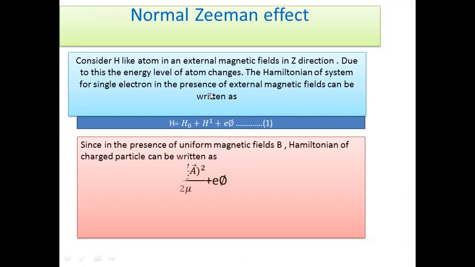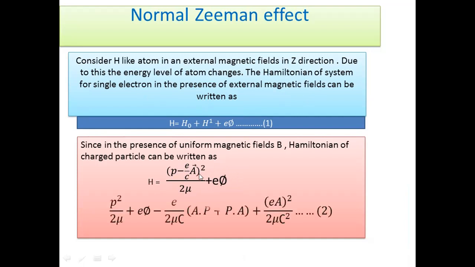Since there is an external magnetic field B, the Hamiltonian of a charged particle can be written as H equals (P minus e/c times vector A) whole squared divided by 2 mu, plus the potential energy.